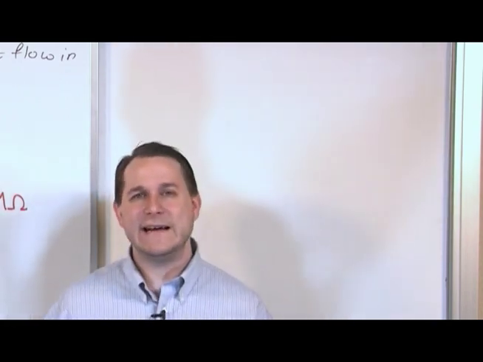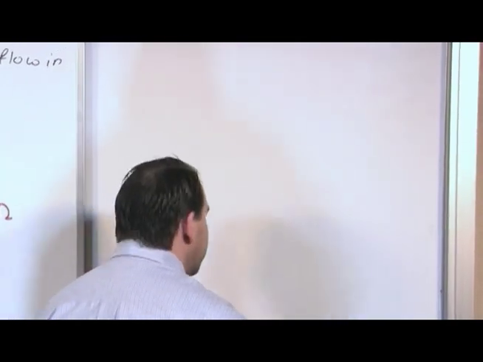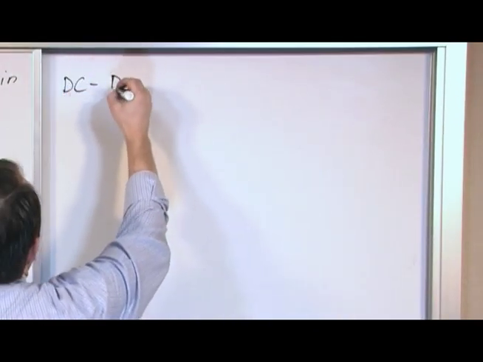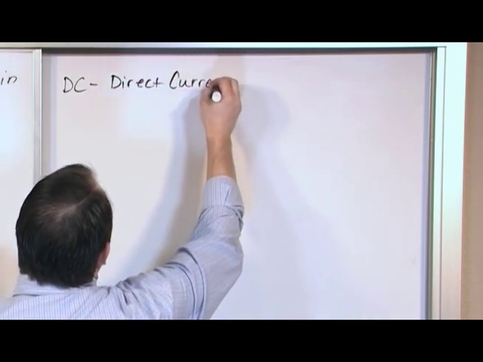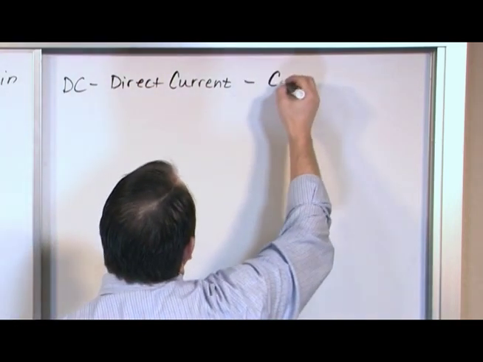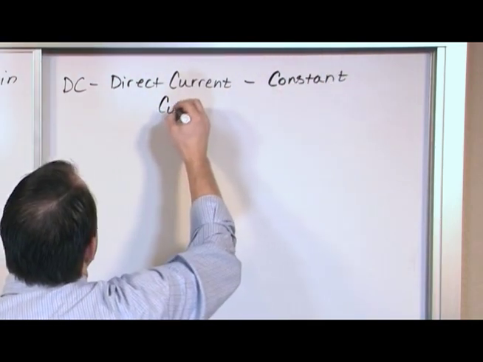First one is DC and AC. DC versus AC. Let's talk about that for just a second because we need to make sure you understand it. DC stands for direct current, and basically what it means is constant current flow.